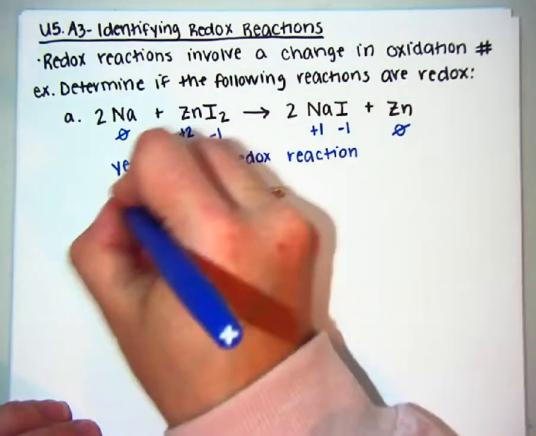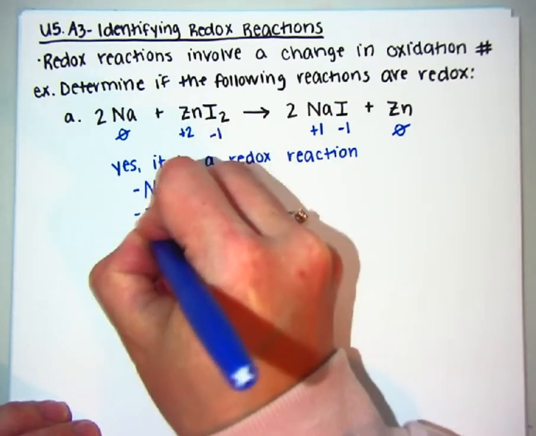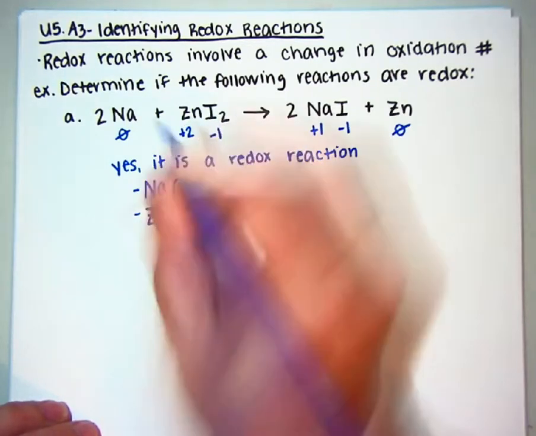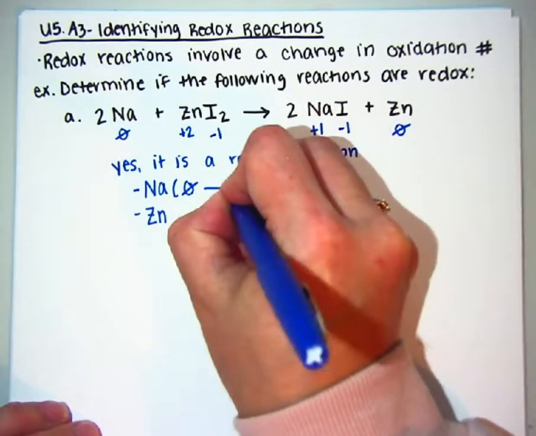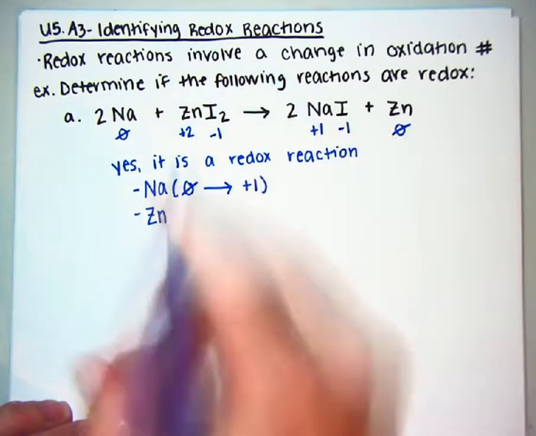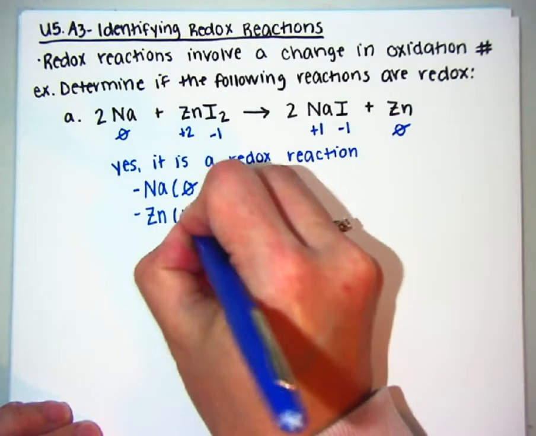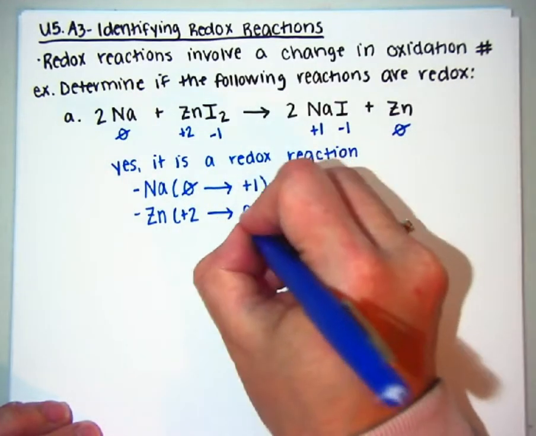For extra practice, let's figure out which element is oxidized and which element is reduced. So sodium starts with an oxidation number of 0, and it ends with an oxidation number of +1. Zinc starts at +2 and ends with 0.